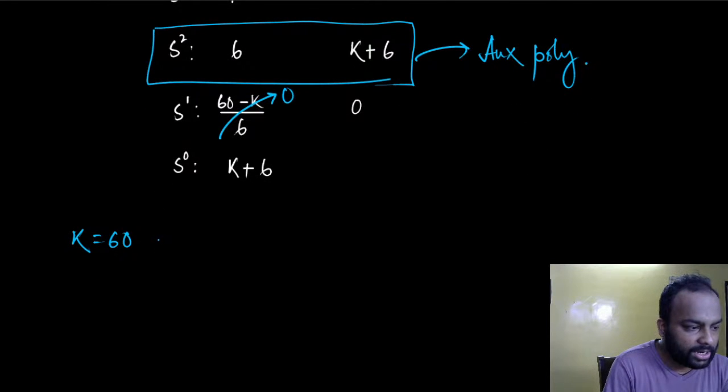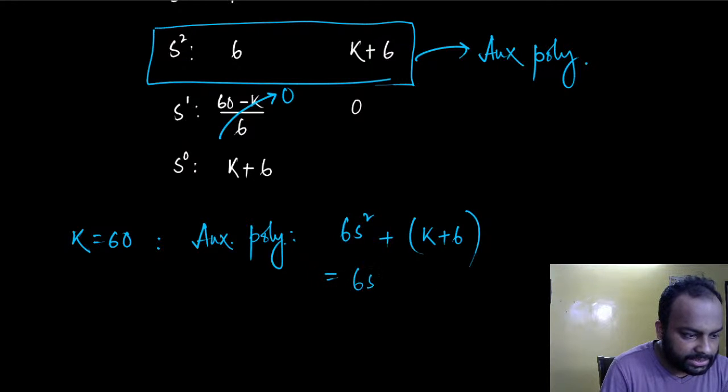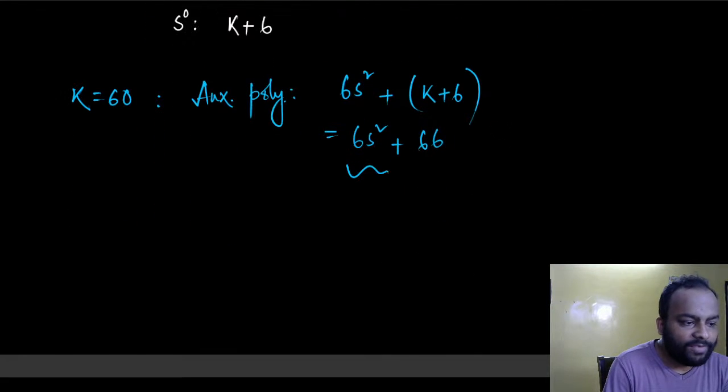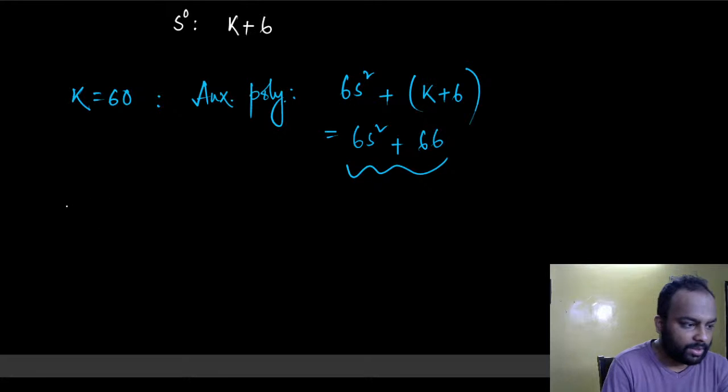So if k equals 60, the auxiliary polynomial is this one: 6 s squared plus (k plus 6), and again k is 60, so essentially this is 6 s squared plus 66. Solving this auxiliary polynomial gives you the roots that are on the j omega axis.